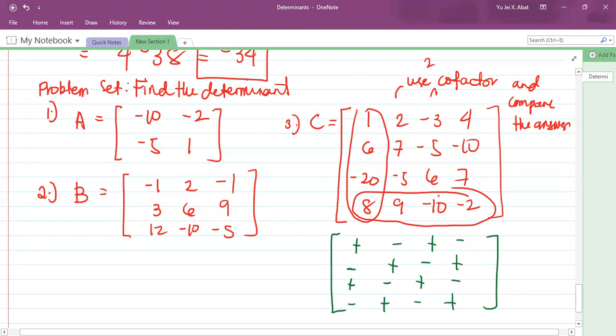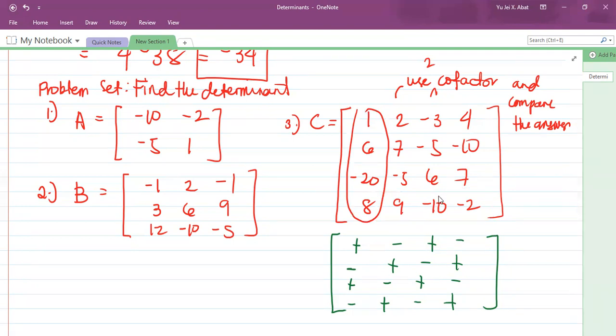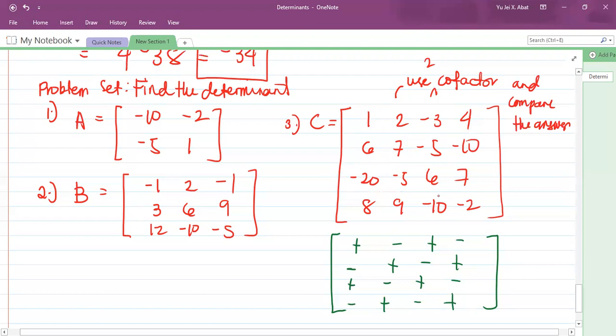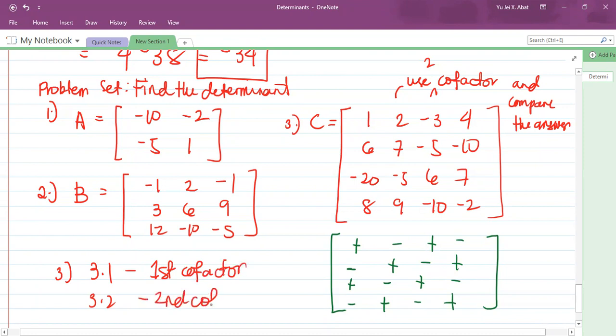So, pag parehas ng sagot, tama yun. Kasi dapat equal lang. So, bali sa number 3, parang meron kang 3.1 and 3.2. The first cofactor, nakuha mo yung determinant. And the second cofactor, yung nakuha mo yung pangalawang determinant by choosing any column or row here. Picturean nyo lang.